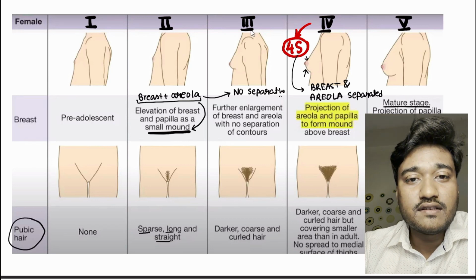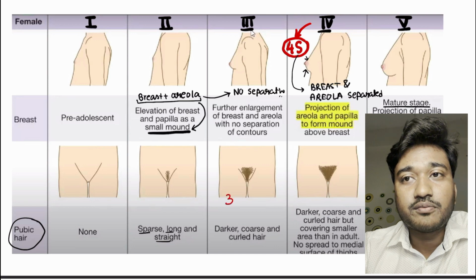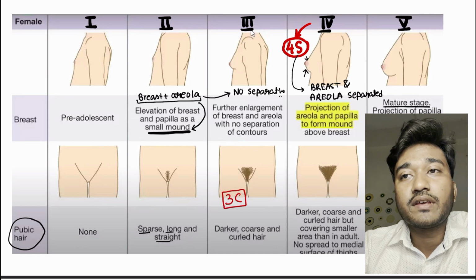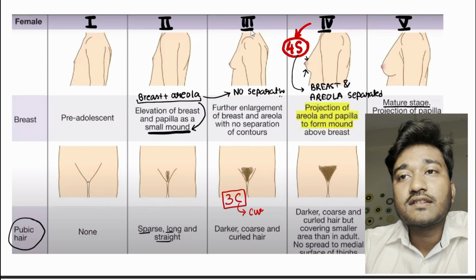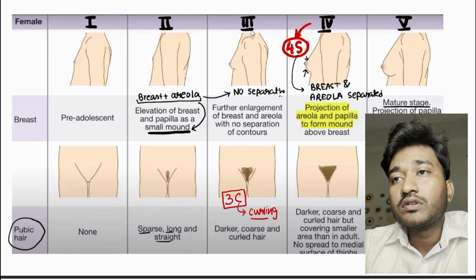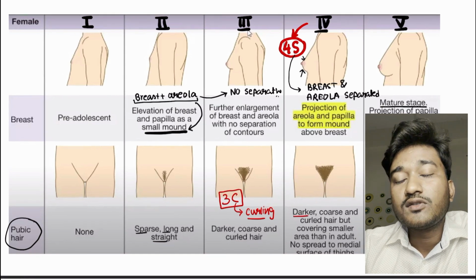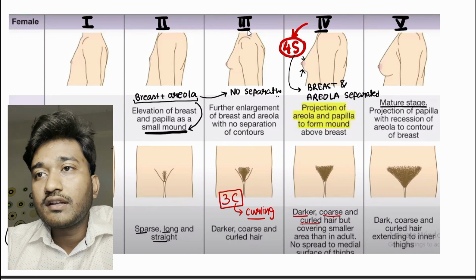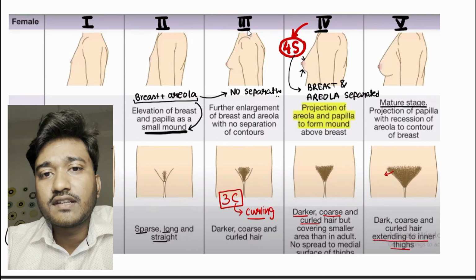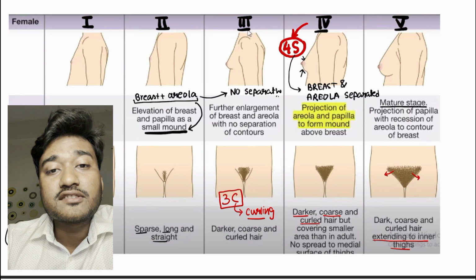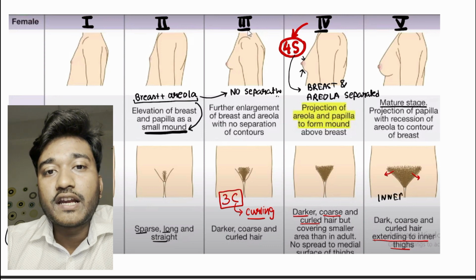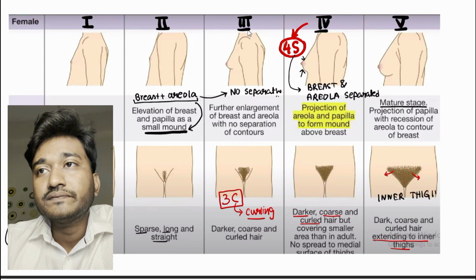A, B, C, C is in the third position, so 3C. C means curling of hair. From the third stage there is curling of hair. In the fifth stage the pubic hair gradually increases in size, and the hair spreads to the inner aspect of the thigh.